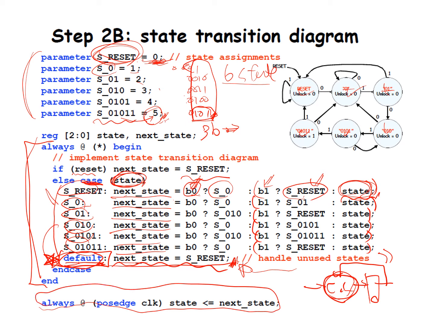For the positive edge, state gets next state. So this is the state, and the input to the flip-flop is next state. This is very important. This is a golden template. When you design your circuit, we also follow this template. You must remember this kind of description.